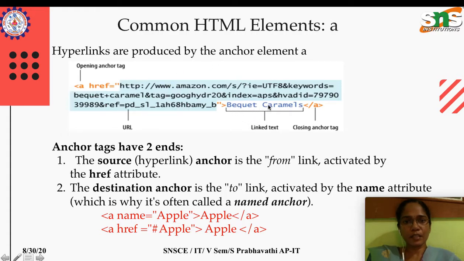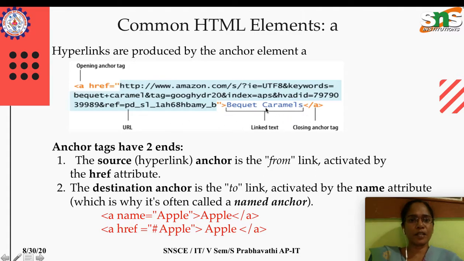The linked text is placed outside this opening tag. If we click that content, it will take us to the href location we have mentioned. And definitely an anchor tag must have a close tag, which is prefixed with a forward slash.